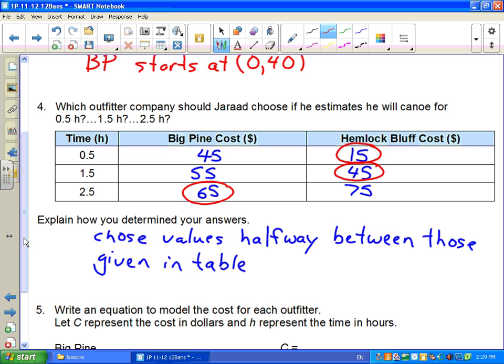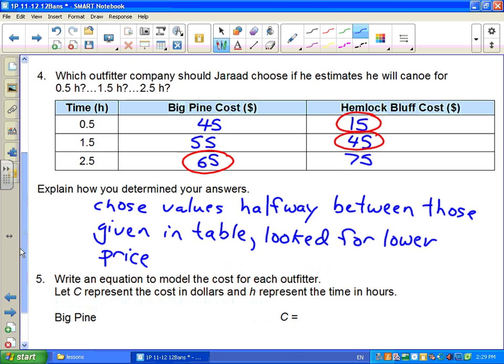So we chose values that are halfway between those given in the table, and then we looked for the lower price, because we're assuming that Jared wants to pay as little as possible for his canoe.